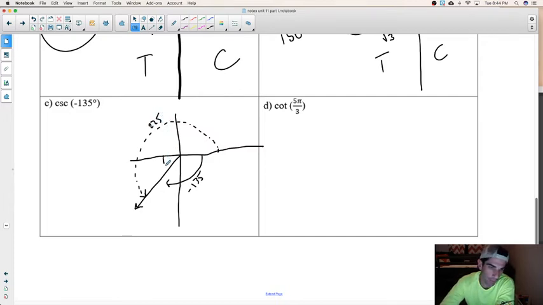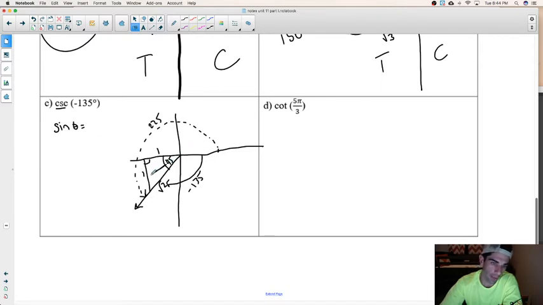Now, let's figure out which triangle we're using. That right there is going to be 45 degrees. So you're going to be using the 45, 45, 90, where the leg is going to be 1 and the hypotenuse is going to be radical 2. Now, cosecant comes from sine. So here's how I like to do it: I'll just find sine.